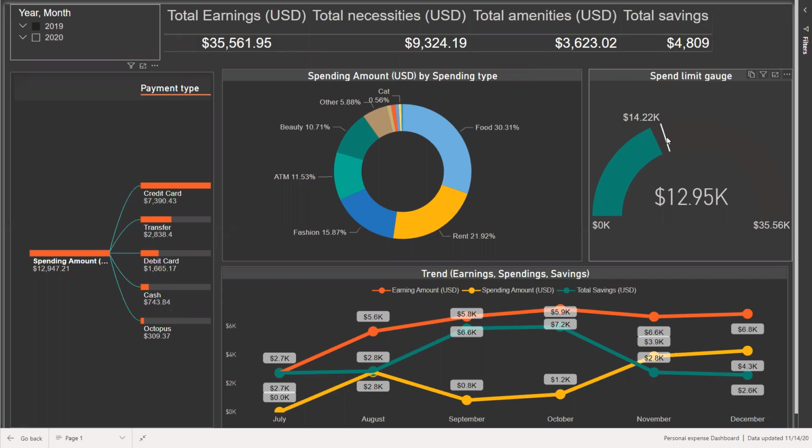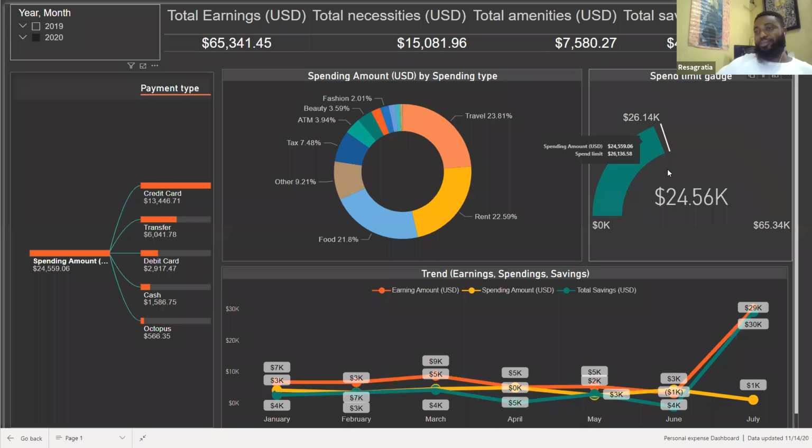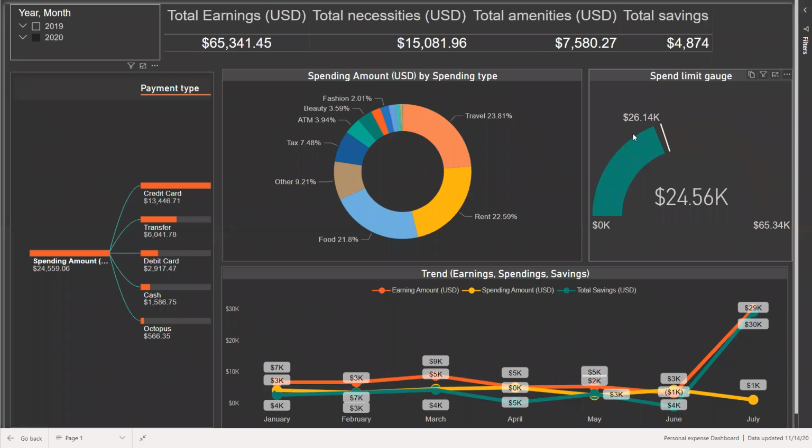Spent less than 14K, which is very reasonable. 2020 is not yet finished, so this is until July. Roughly 24K, so very, very close. Just to show that I'm doing pretty well. I'm careful enough to know what to spend on, stuff like that.